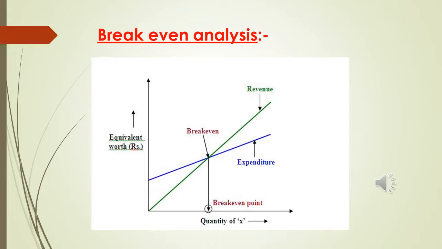If you vertically come down towards quantity of x, that point is referred to as the break-even point. The point where revenue and expenditure meet is called break-even, over quantity of x, this is the actual break-even point.